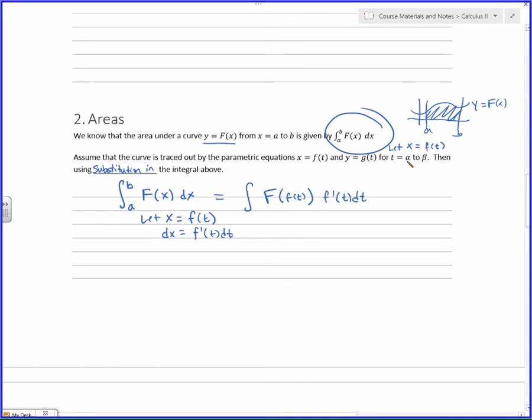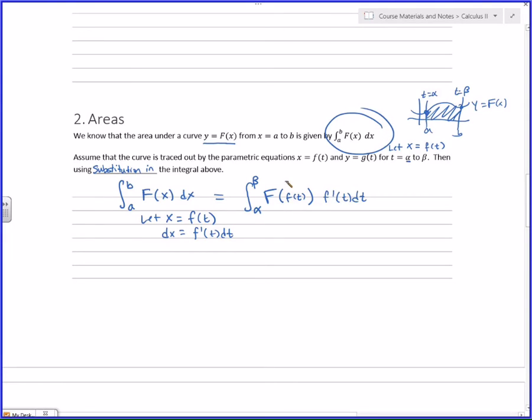I'm telling you that t equals alpha starts this, and t equals beta ends it. So I'm going to go from alpha to beta now. But you've got to find where's the t that corresponds with point a, and the beta for t that corresponds to point b for x.